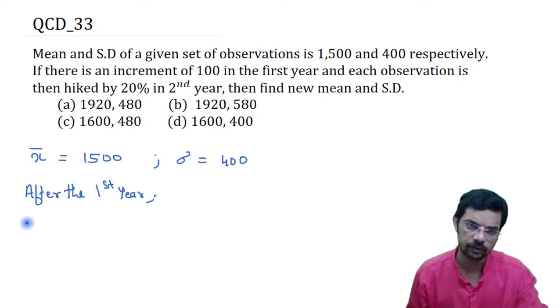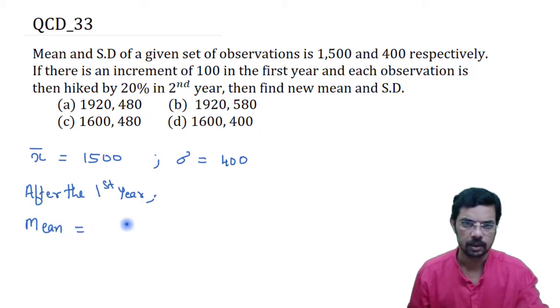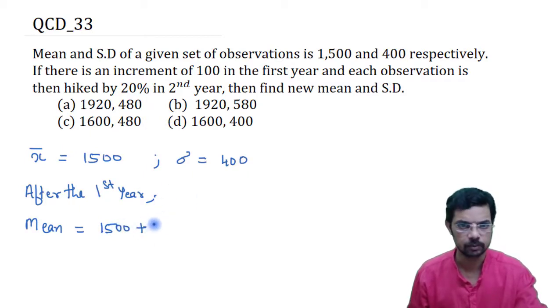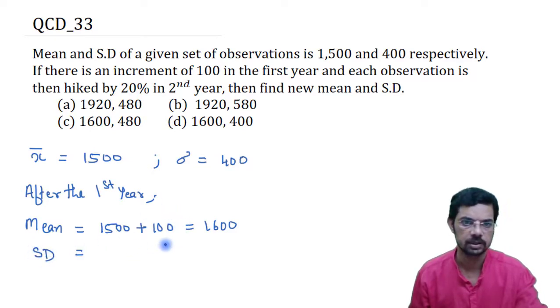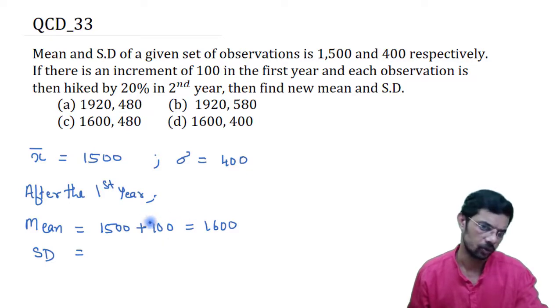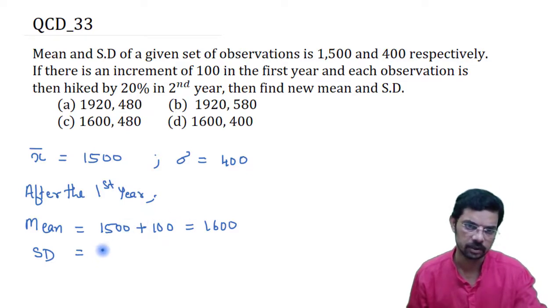So after the first year, the new mean becomes 1500 plus 100, that is equal to 1600. The standard deviation is not affected by change in origin, so it remains 400, unchanged.